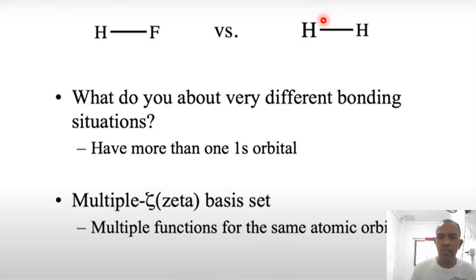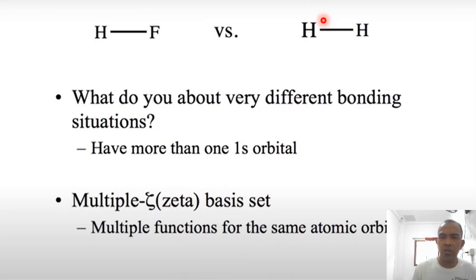After the variational process decides what the coefficients are that multiply those functions in any given molecular orbital, this is referred to philosophically as a multiple zeta basis set, where multiple could be double, triple, quadruple.